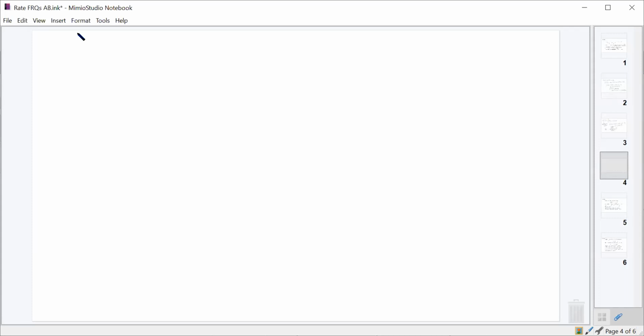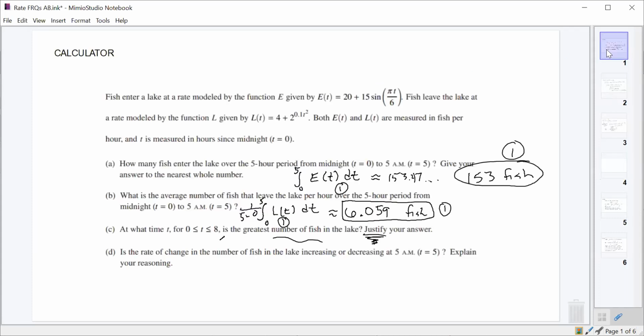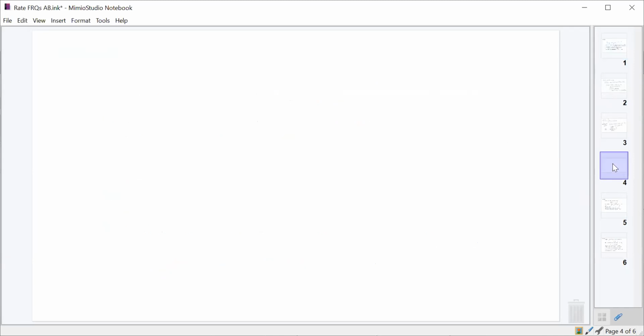All right. And then last thing for today, part D, we want to know, is the rate of change in the number of fish in the lake increasing or decreasing? So what is our function to represent the rate of change of fish in the lake? Rate of change of the fish in the lake is the rate at which they enter minus the rate at which they leave, right?